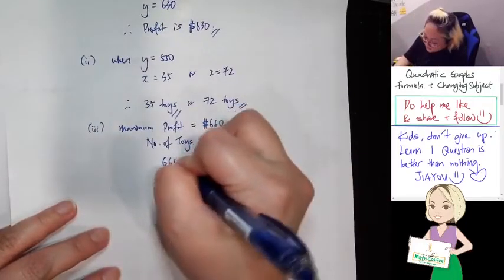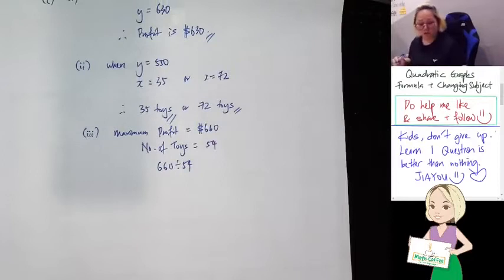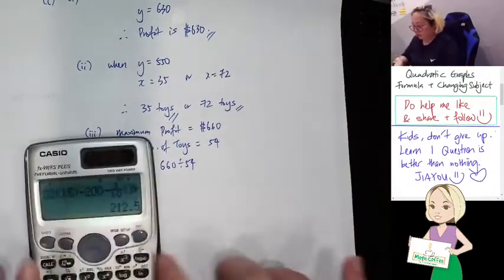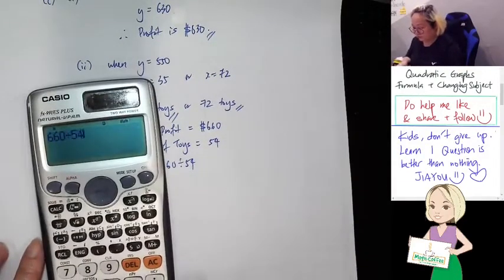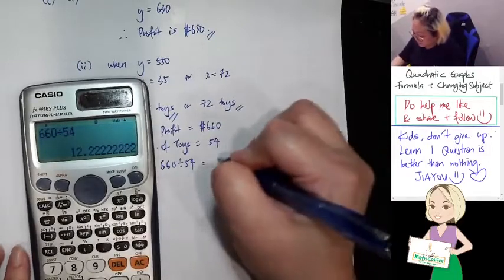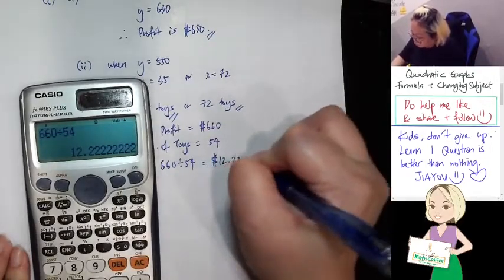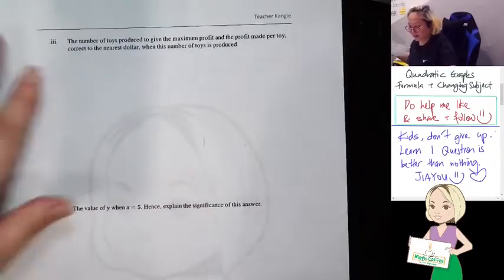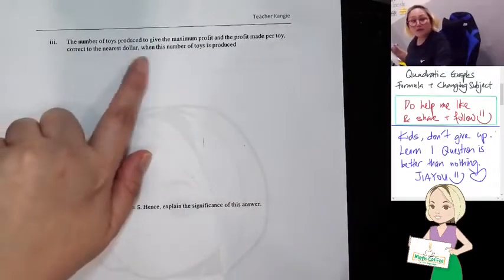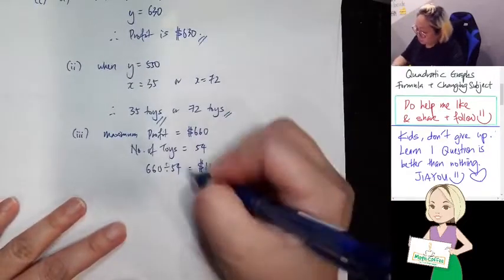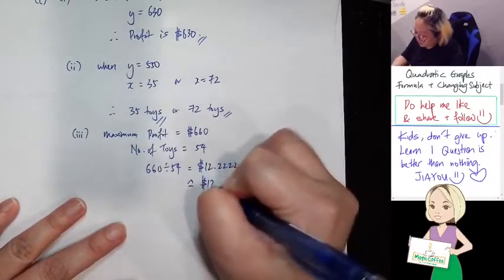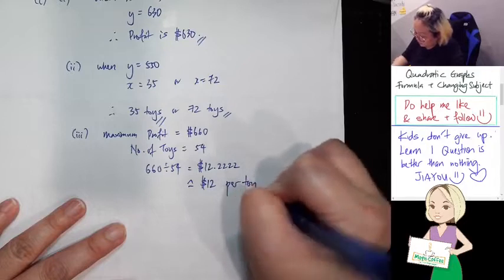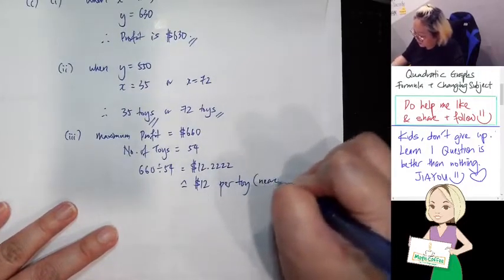So actually you need to do one more step. 660 divided by 54, because they want per toy. This is 54 toy. So 660 divided by 54, I get 12.2222. And don't worry, because they already say that correct to the nearest dollar. So round it off to the nearest dollar, it is $12 per toy. You can put a bracket, this is nearest dollar.